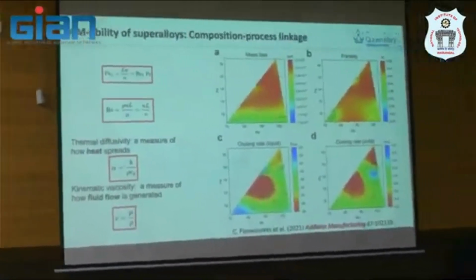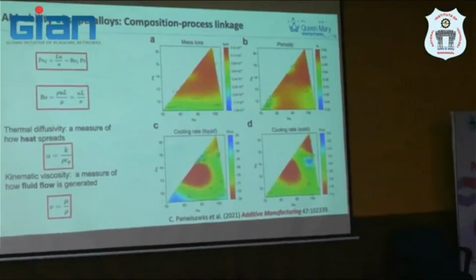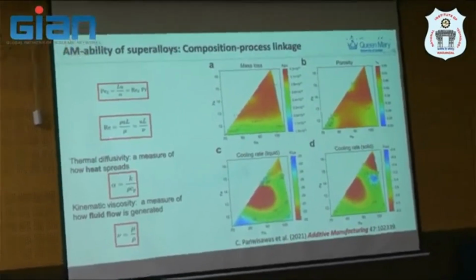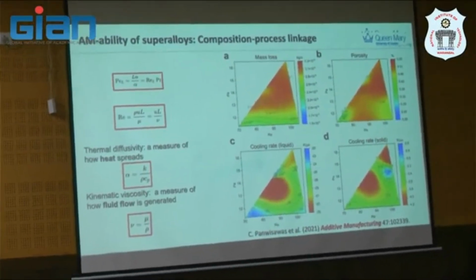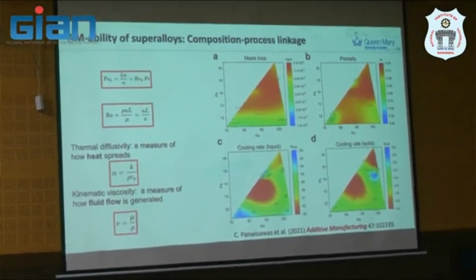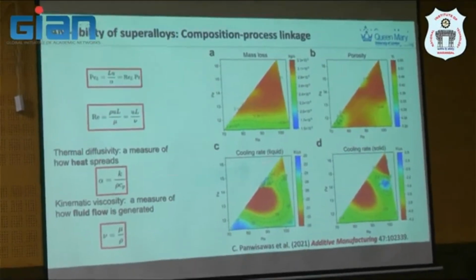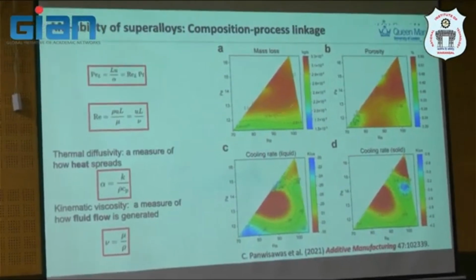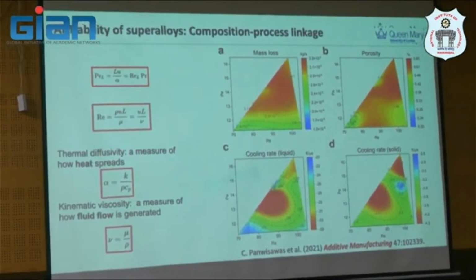So from fundamental CFD, we use the Reynolds number, which represents a measure of the fluid flowability, and also the Peclet number for the heat diffusion to screen out some conditions. Let's say the red spot here is not useful.